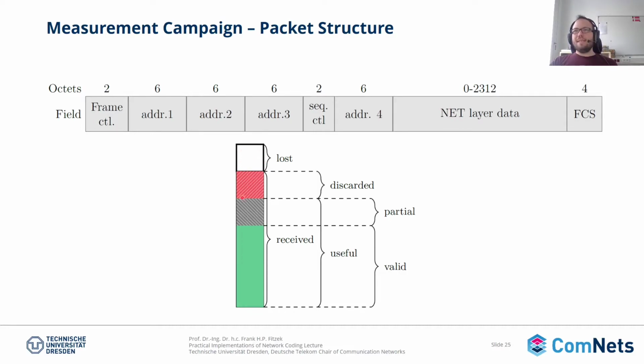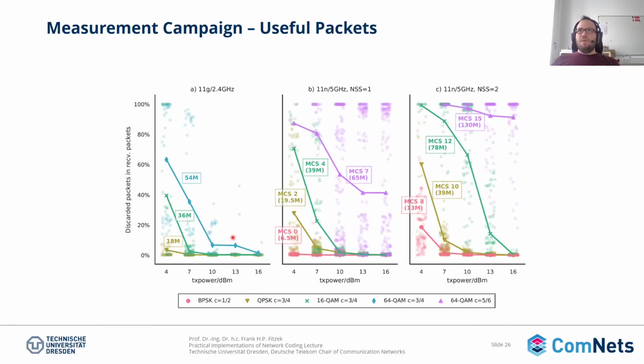We had some packets that arrived with errors in the headers. Those packets were discarded. We had some packets that arrived with errors in the data part of the packet. Those were our partial packets, and then we had packets that arrived without any error at all, which is this green bar. This is how many packets we received.